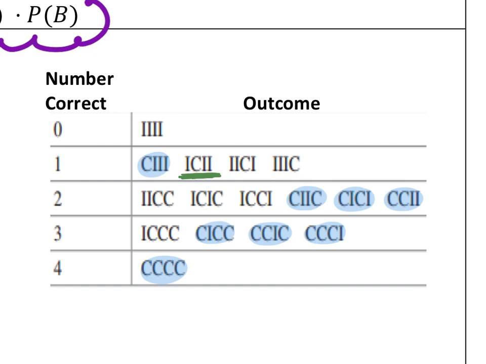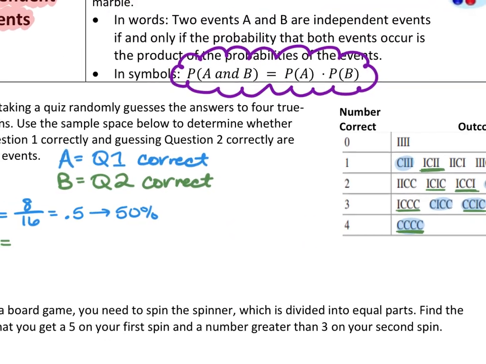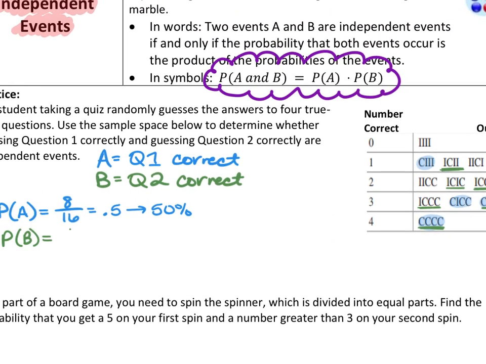Okay, so here's where I see the second letter being C. We saw 1 already. 2, 3, 4, 5, 6, 7, 8 times. Did we find all 8? We're just looking for where the second letter is C. So the probability of guessing the second question correct is, again, 8 out of those 16 attempts in my sample space, which is 0.5 or 50%.